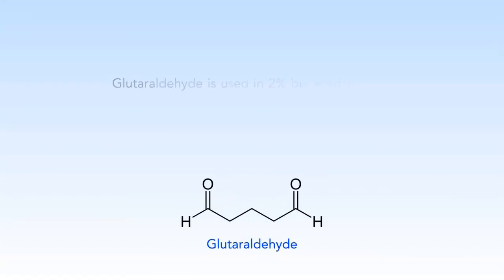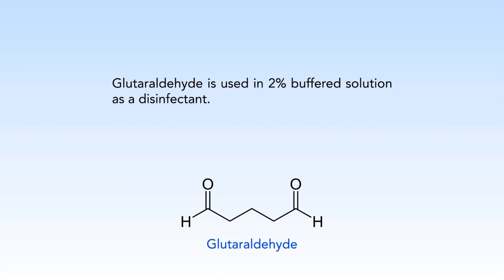They are stable in higher concentration and at higher temperature because at room temperature they are polymerized to form paraformaldehyde. Another aldehyde, glutaraldehyde, is used in 2% buffered solution as a disinfectant.